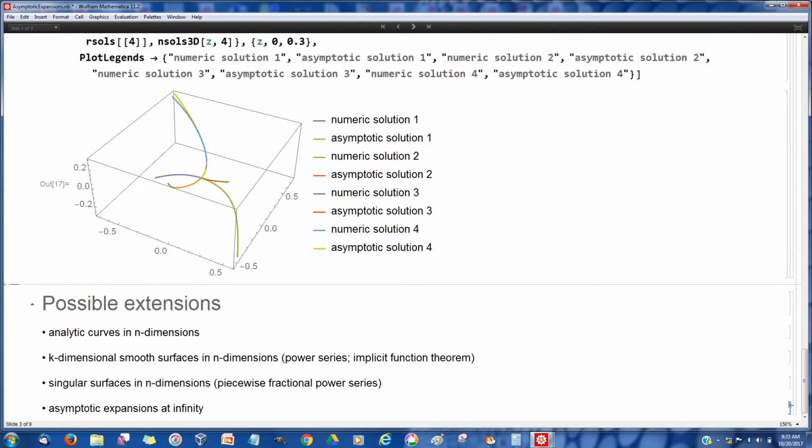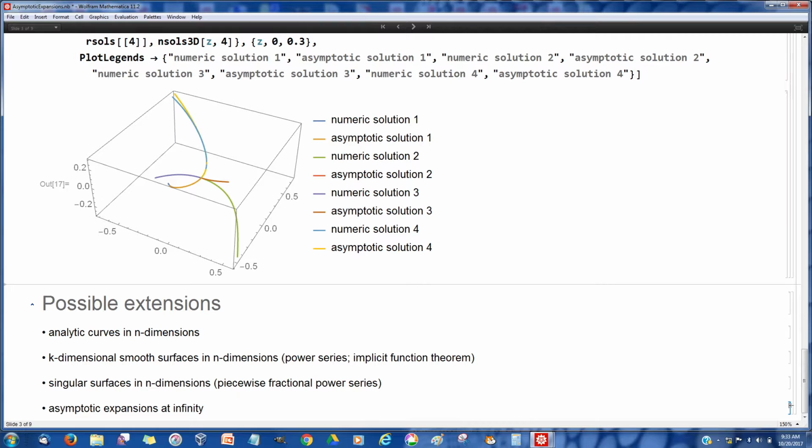But in general, it might be doable using Newton polygons, polytopes. Polygon is for the 2D case. Now, the more difficult case again: k-dimensional. Well, actually, the smooth surfaces are not difficult.